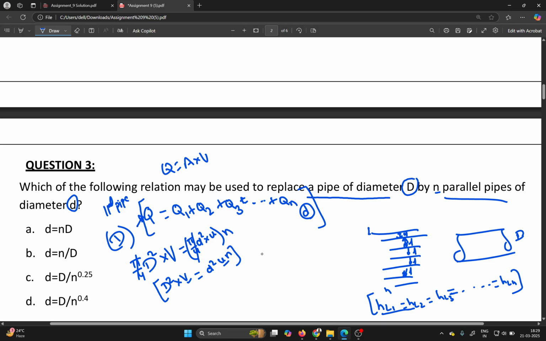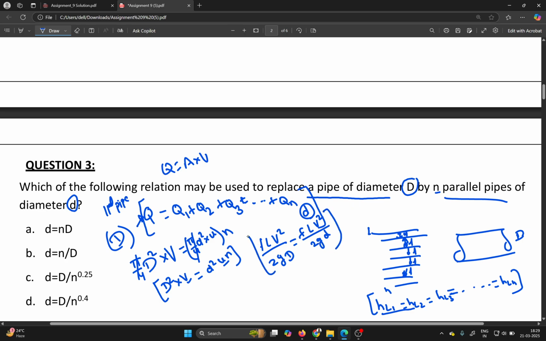You already know these things. The head loss will be equal, meaning the head loss in this pipe, f L V squared by 2g capital D, is equal to f L u squared by 2g small d.